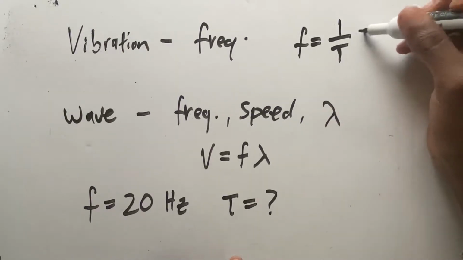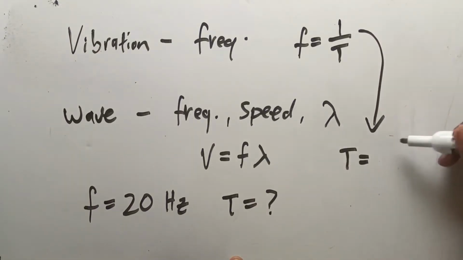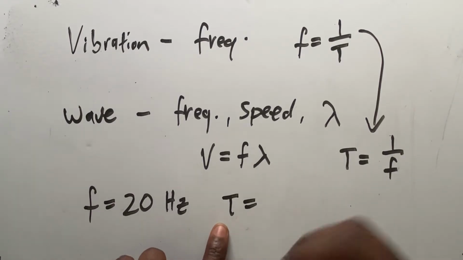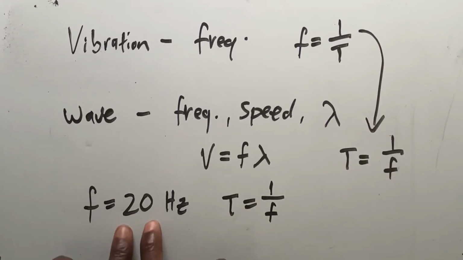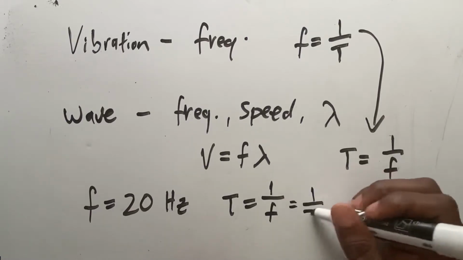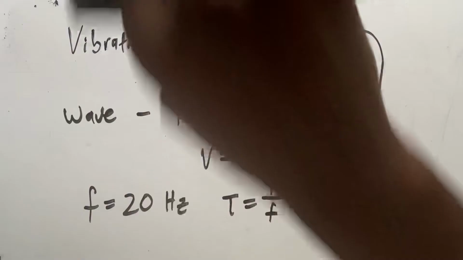So we can rewrite that as, the period equals 1 over the frequency. So the period T here is equal to 1 over the frequency. We know the frequency is 20, so the period is going to be 1 over 20. Boom. So from the frequency, you can find the period, and vice versa.